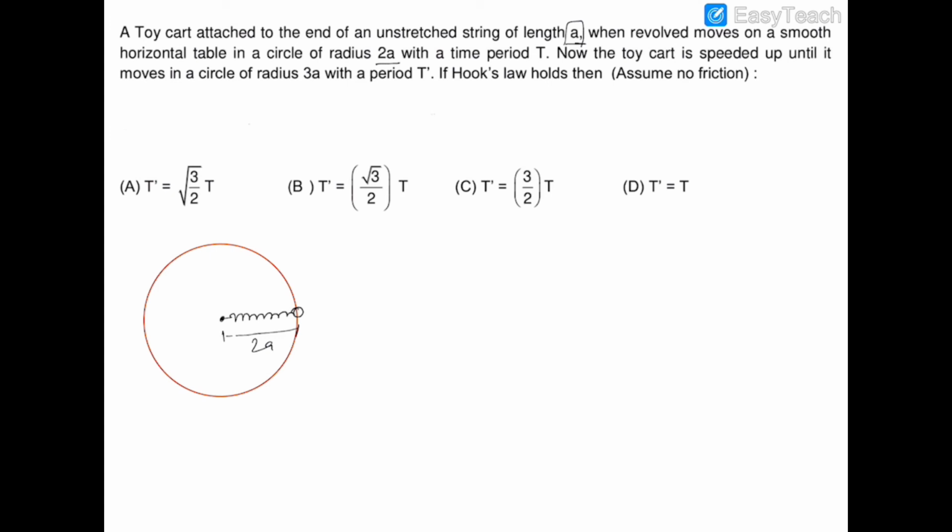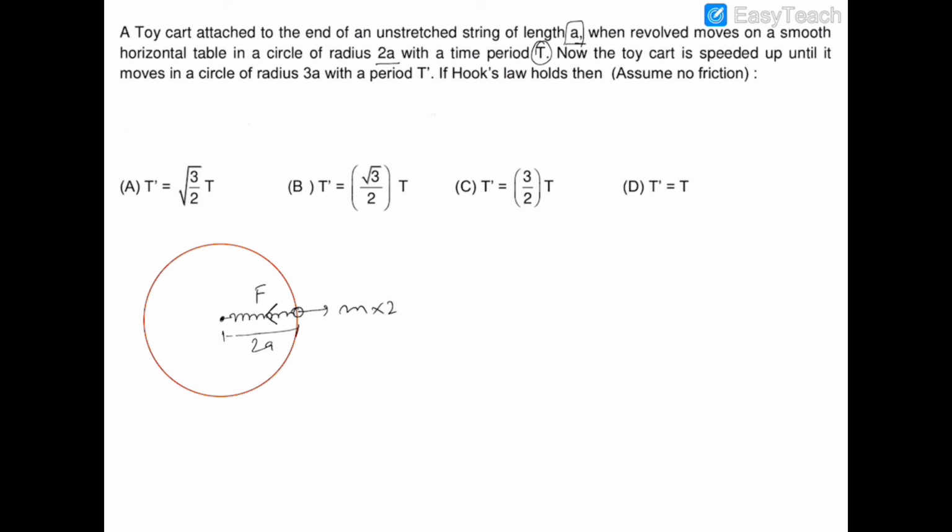So the time period of the rotation is given as t, and let us assume that force F is acting in this spring or string, and the centrifugal force is m r omega square, where m is the mass of the toy car and r is the radius.